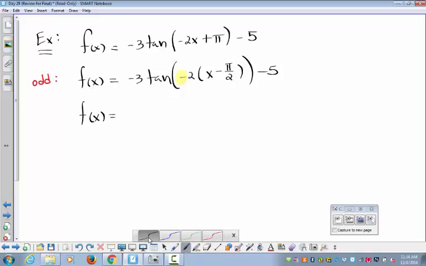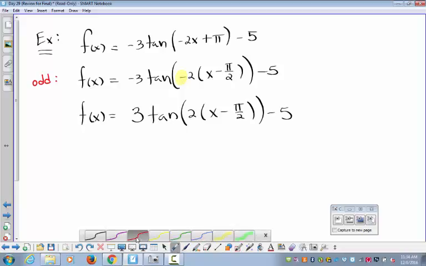But that minus jumping to the front finds another minus. And what do 2 minuses do together? Positive. Because it's odd, it's jumping out to the front and combining with that minus sign.